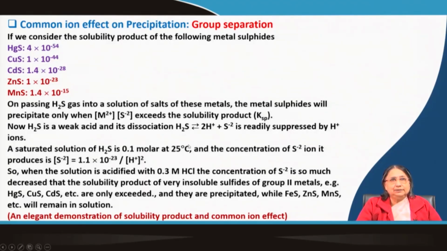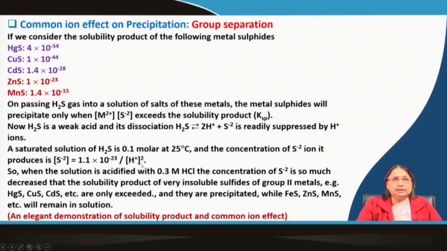Now, in case of H2S, if we consider this equation, a saturated solution of H2S is 0.1 molar at 25 degree centigrade, and the concentration of sulphide ion it produces can be written in this way from the equilibrium expression.